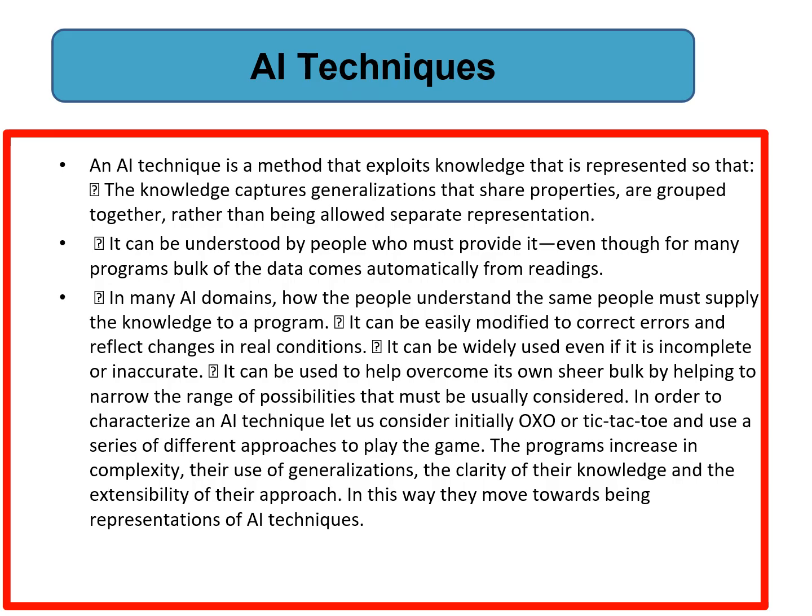Knowledge can be understood by people: the representation should be easy for humans to read, understand and provide. Knowledge must be supplied by human experts: in many AI applications, knowledge cannot be collected automatically and must come from experts.